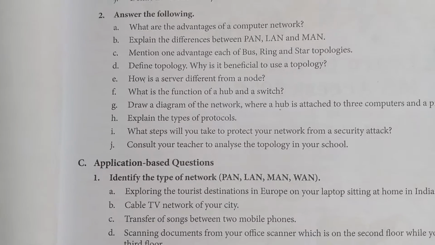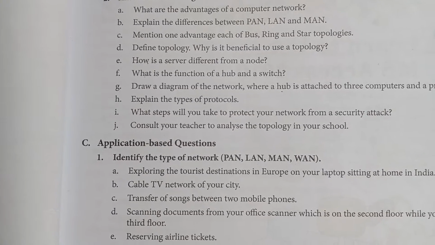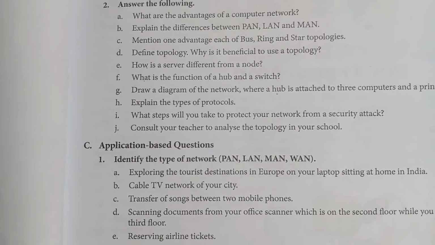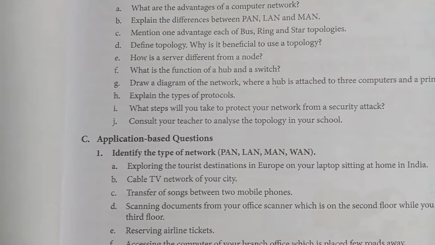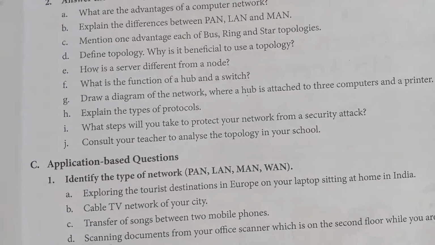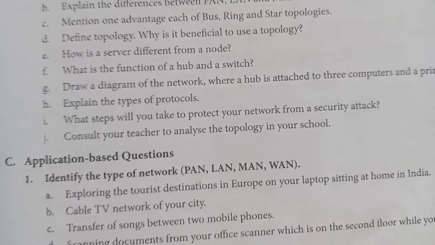Now, moving forward to the third question. Mention one advantage of each of bus, ring, and star topologies. We already talked about topologies. What are topologies? There are so many topologies: ring topology, bus topology.